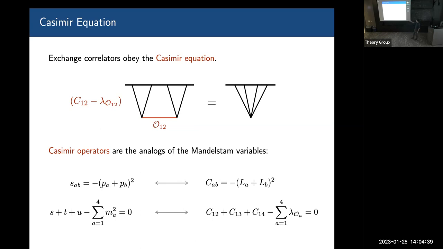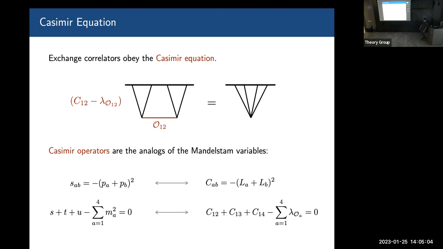So this plays the role of the inverse propagator, cancels the propagator here and turns this exchange diagram into a contact diagram. You can think of this as the exact analog of multiplying by the inverse propagator s minus m squared for the amplitude, which cancels the pole and turns an exchange amplitude into a contact amplitude.